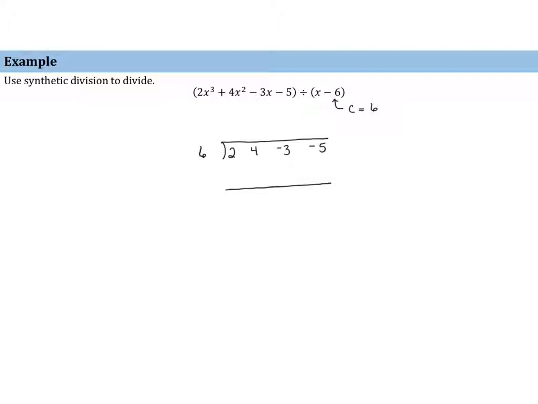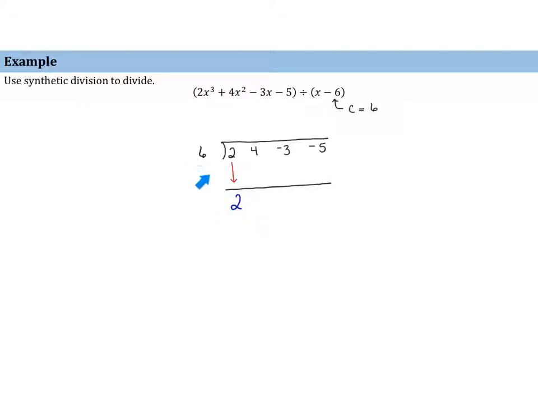To determine the first number in the third row, we will simply bring down the first entry in the first row. So 2 will come down, and that will be our first entry in the third row. Now the question is, what will go here? To determine that number, we multiply our value of 6 by this entry 2.